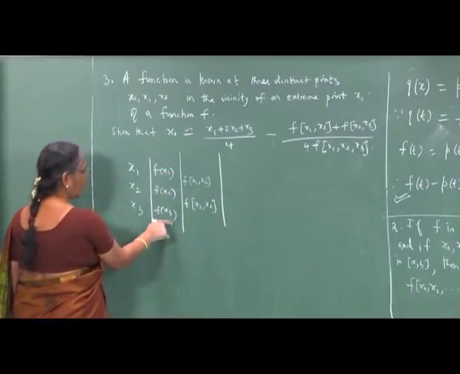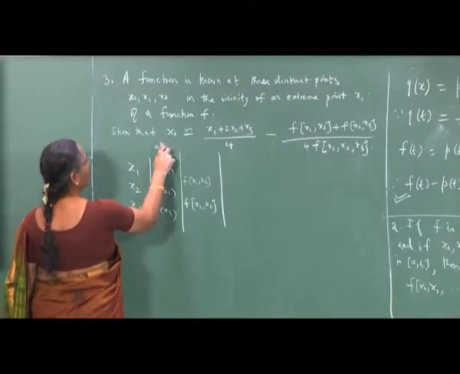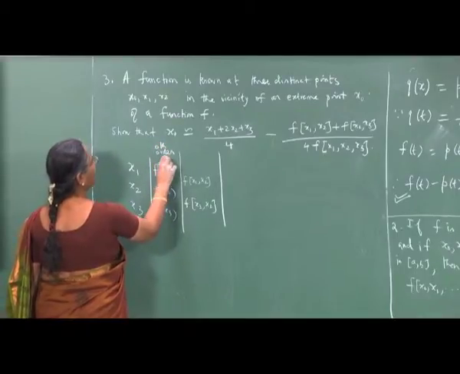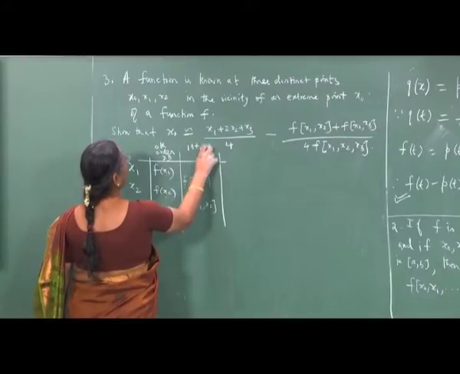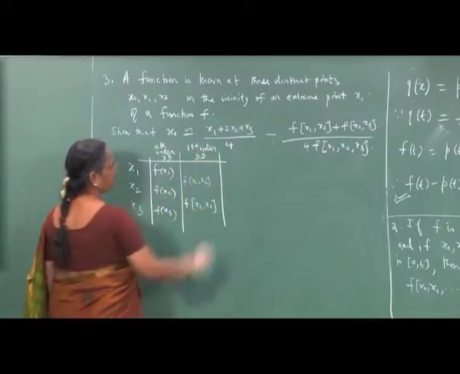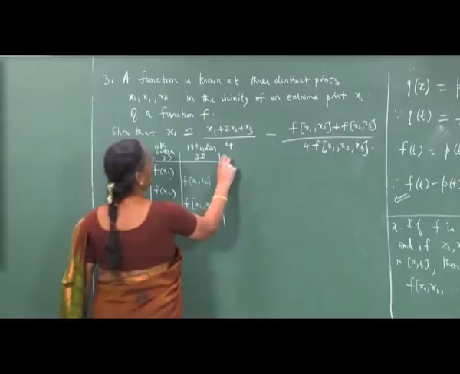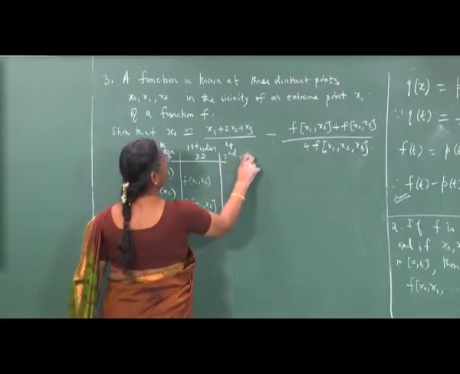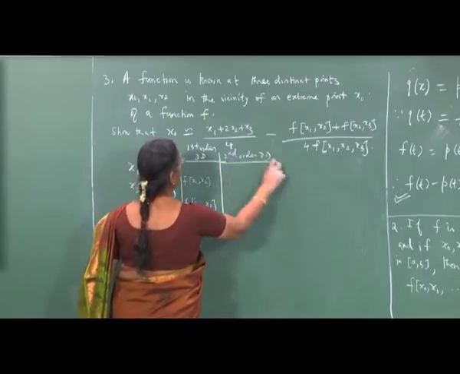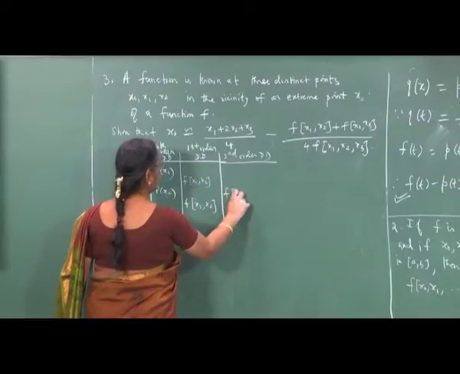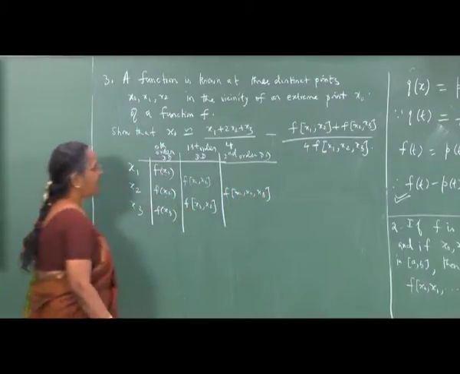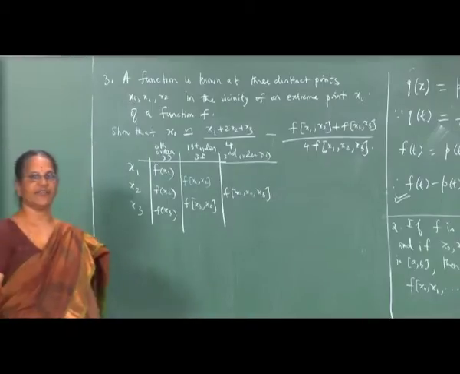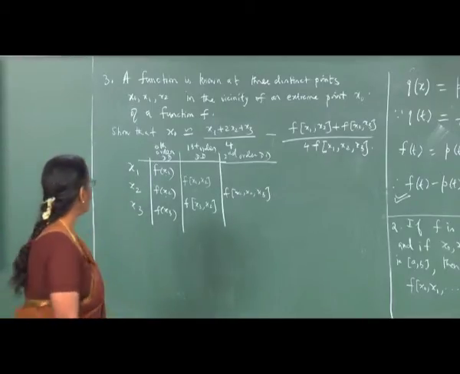This is a 0th order divided difference, and this will be the first order divided difference. So, I can form the second order divided difference, which will be f of x1, x2, x3, and the higher order divided differences will all be 0.